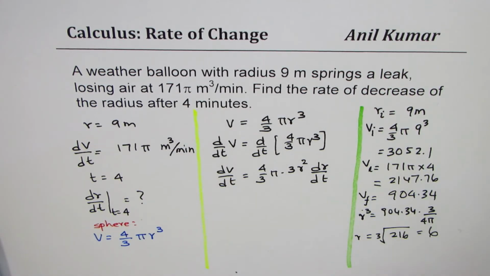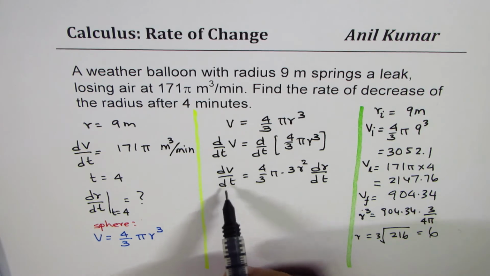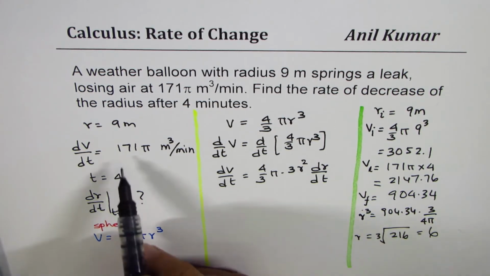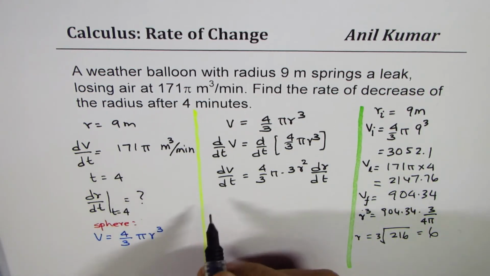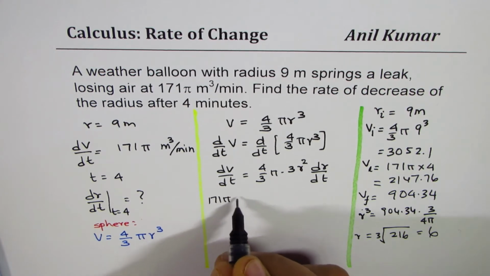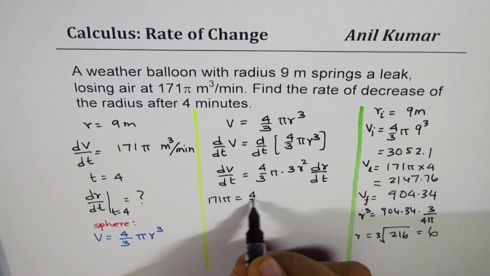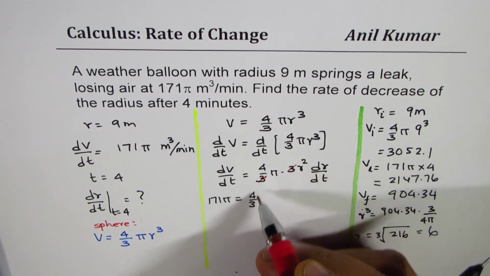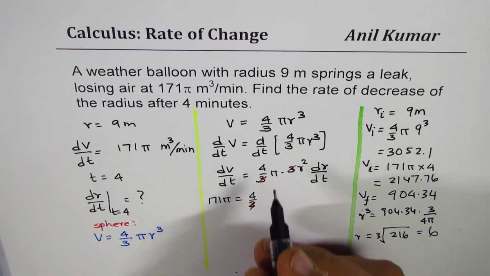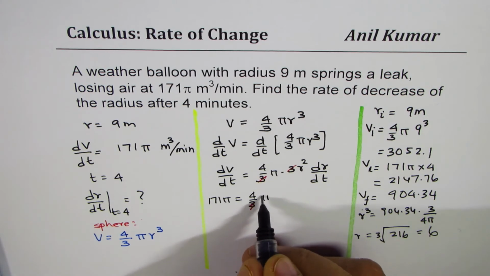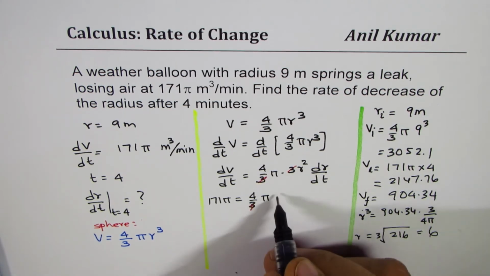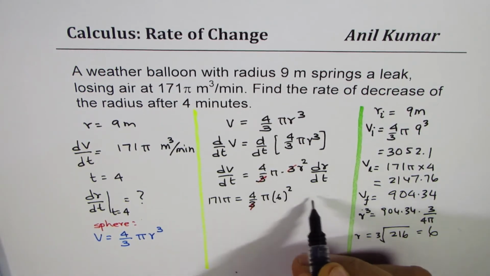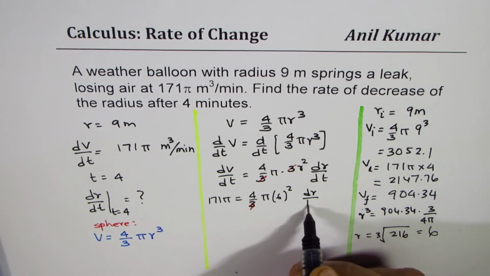So this is a very important calculation. Now let's substitute all this. We know dV/dt, which is 171 pi, equals 4/3. We could cancel 3's. Okay, let's cancel. 4 pi, r is 6, so write 6 squared dr/dt. Is it okay?